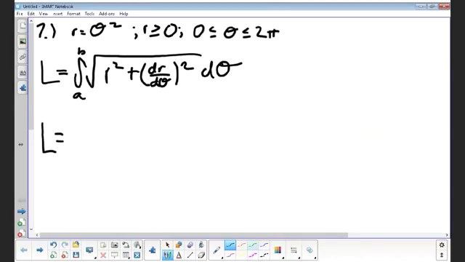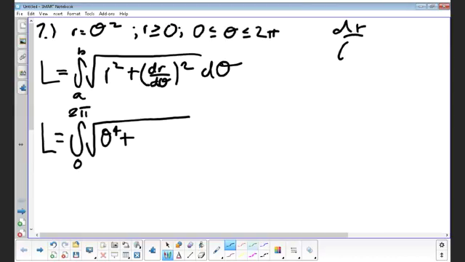Since we're integrating with respect to theta, our bounds of integration will be values of theta, 0 and 2 pi, times the square root, and you get this in terms of theta, so r is equal to theta squared. r squared will be theta to the 4th, plus, and we'll evaluate dr d theta over here, which is just going to be 2 theta. So 2 theta times 2 theta is 4 theta squared d theta.